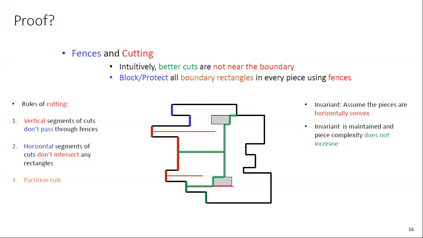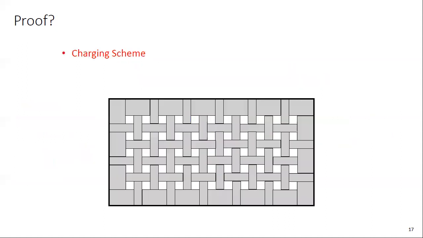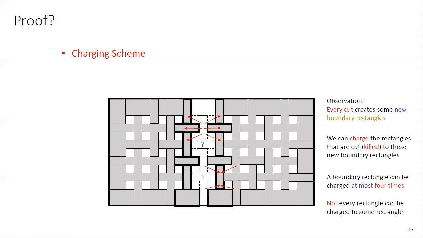So the important fact is that we have only one vertical part of the cut that may intersect some rectangles. So now, if we apply these rules of cutting, how do I prove that at the end I obtain a set of rectangles that is at least 1/6 of the original set of rectangles? That's my goal. Okay. So imagine that's my first cut. Okay, it's a legal cut.